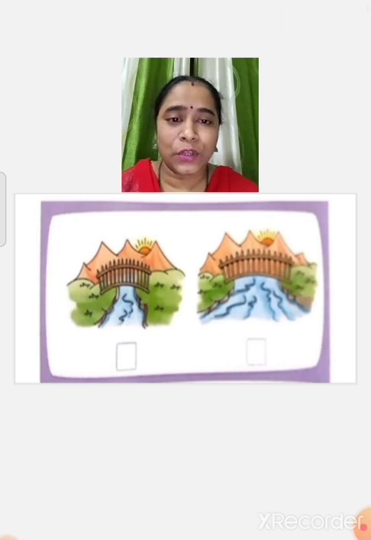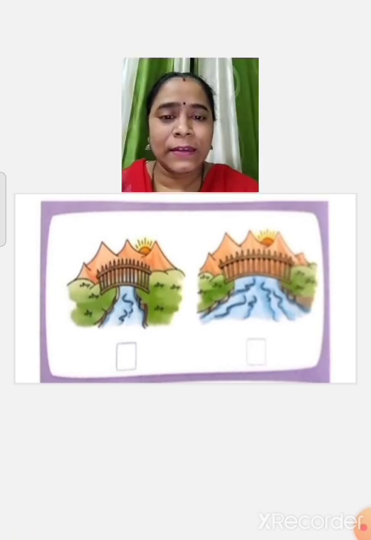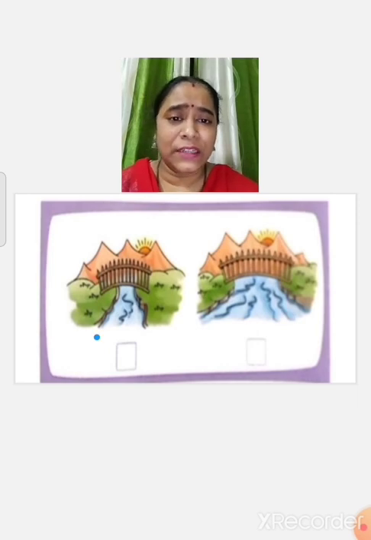Yes. What you all can see here? River. Yes. 2 rivers are there. And bridge is there over the river. Yes. So which river is wide? This river is wide.